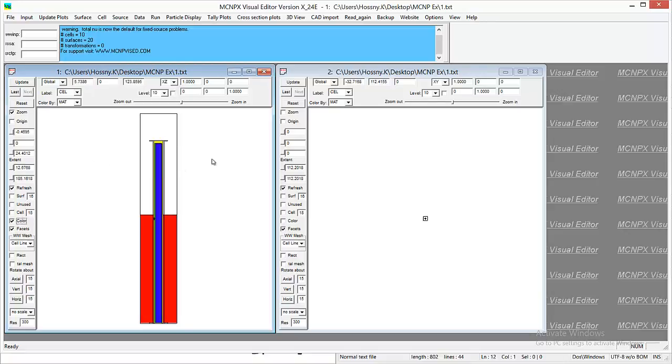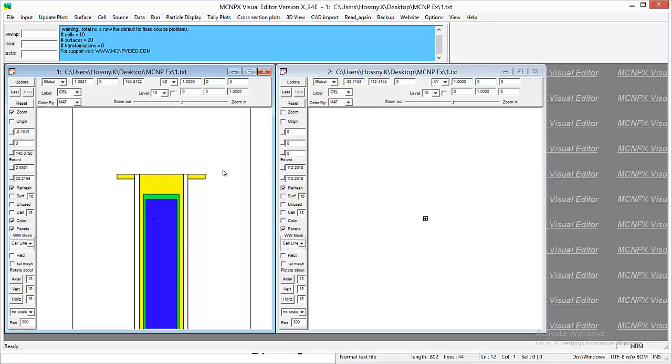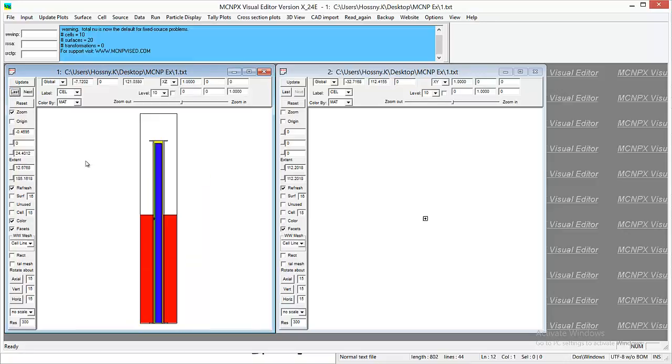Have it colored. The white color means valid, that's correct, and let's check this part. Here's the fissile column, here's the helium gap, and there's the clad. The support plates are of the same material as the clad, and there's the tolerance in the void part. Let's zoom downward to see if it's correct.